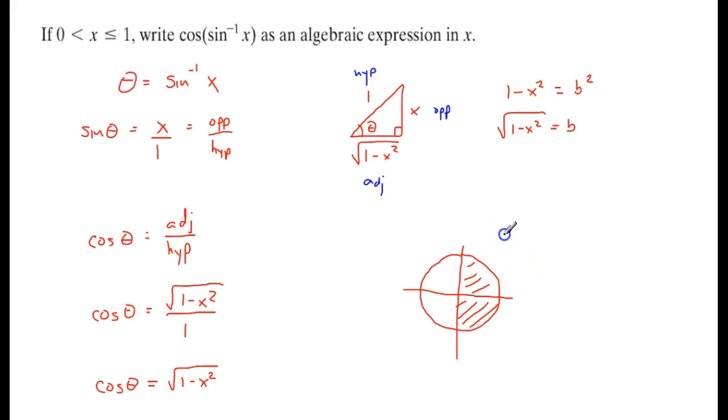Remember, cosine is the x-coordinate, and the x-coordinate is positive in those two regions no matter what. So in these two regions, the cosine is positive. We don't ever have to worry about it.